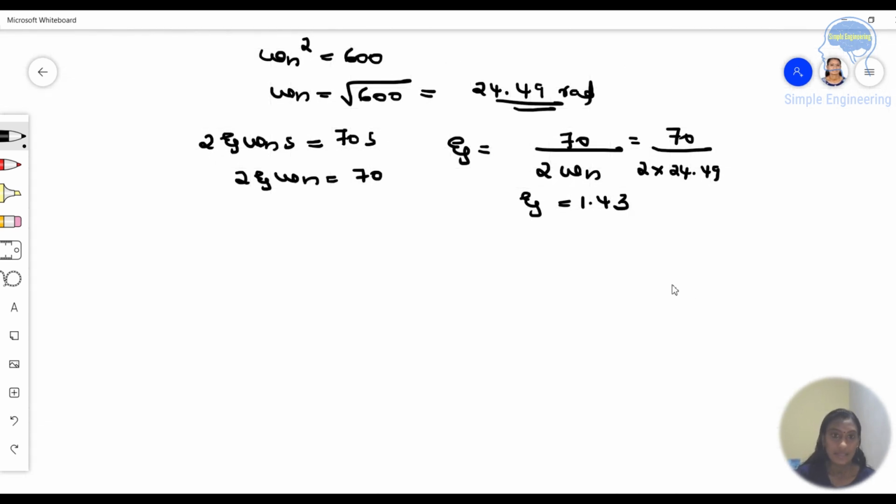So zeta is the damping ratio, and omega n is the undamped natural frequency.